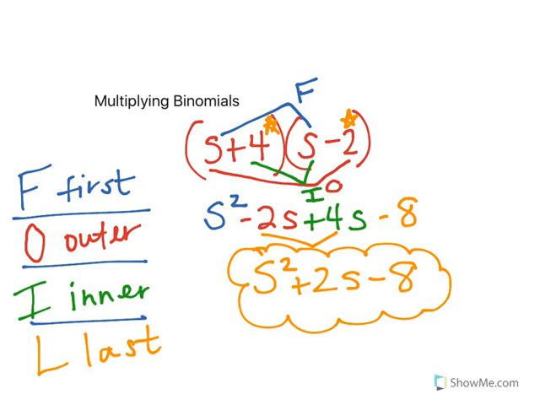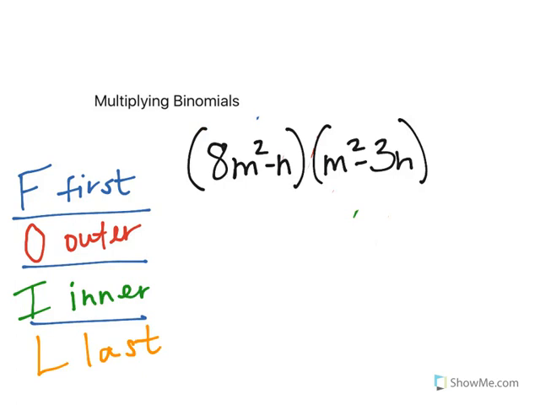Okay, and we are going to try a more complicated one. For my next example, instead of just having a variable, I now have 8m squared minus n, and then I'm multiplying this by m squared minus 3n.